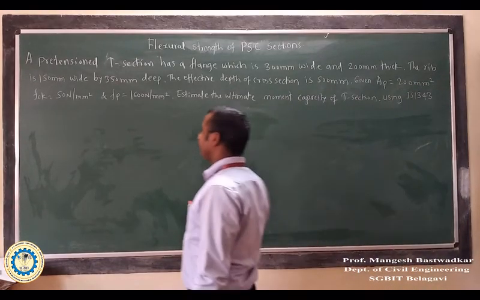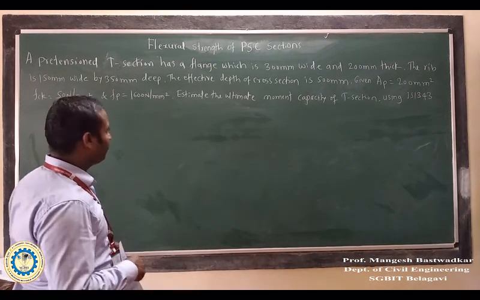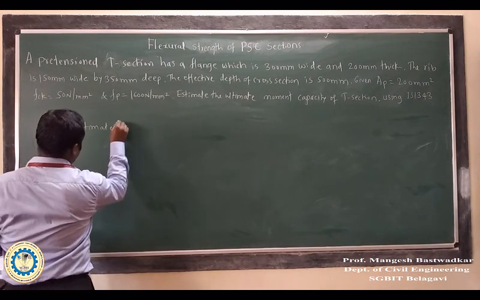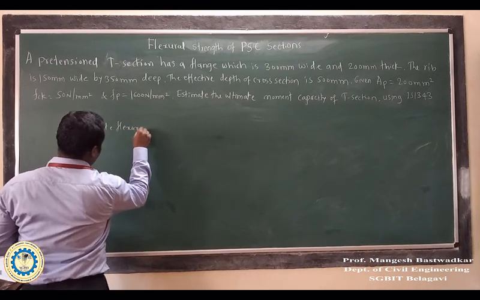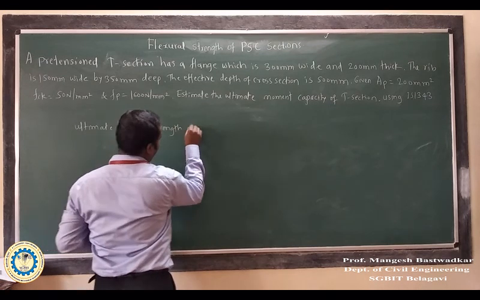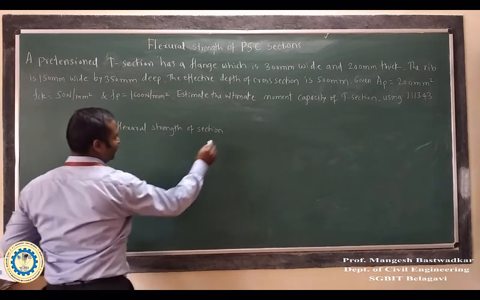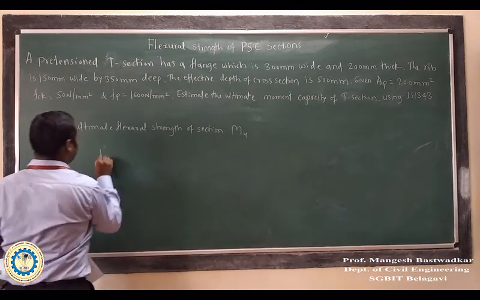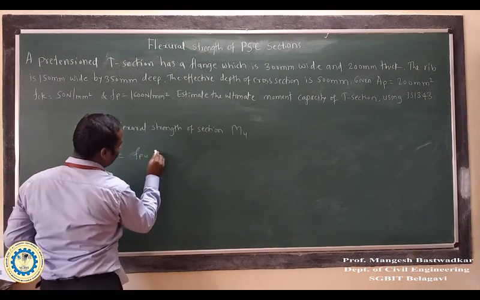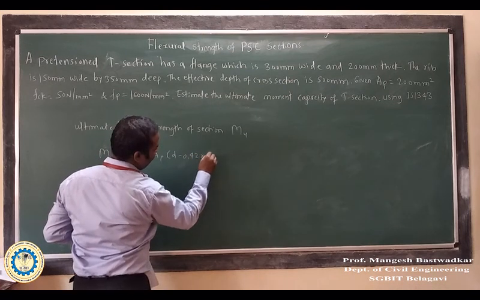Now we will calculate the ultimate flexural strength of the section. MU is equal to FPU into AP into (D minus 0.42 XU).